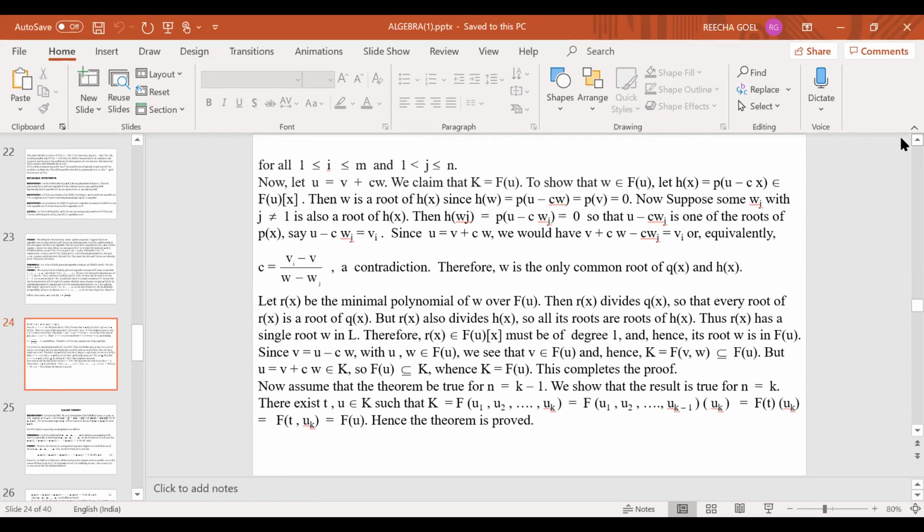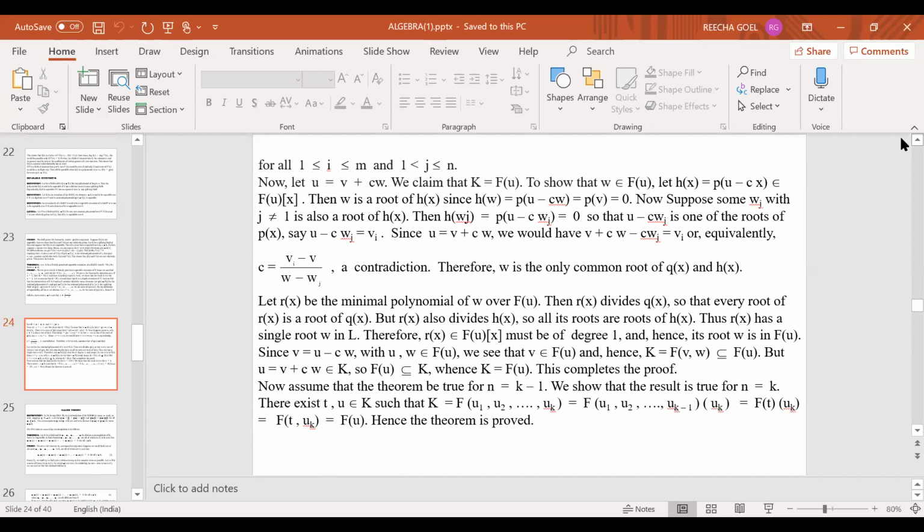For this we define another polynomial, say h(x) is equal to p(u - cx). This polynomial belongs to F(u)[x], because we have already adjoined u to F, so it is a polynomial over F(u).